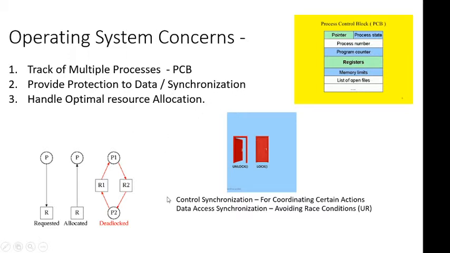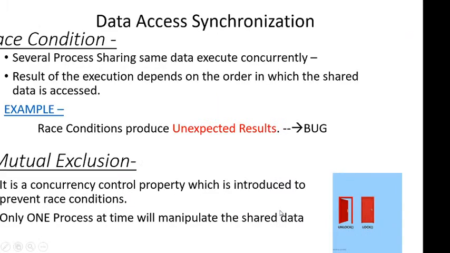There are 2 kinds of synchronization: control synchronization for coordinating actions, who goes first, and data access synchronization is to avoid race condition. First one here, data synchronization. So data access synchronization happens when 2 or more processes share the same data.